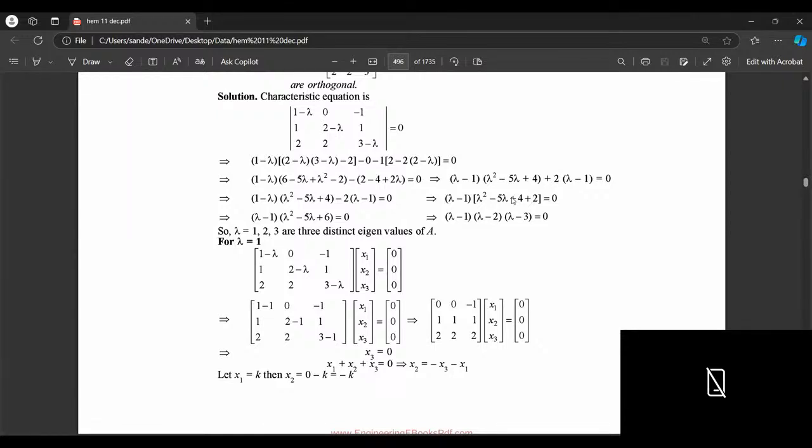So the first eigenvalue we have is lambda equal to 1. You can see here.